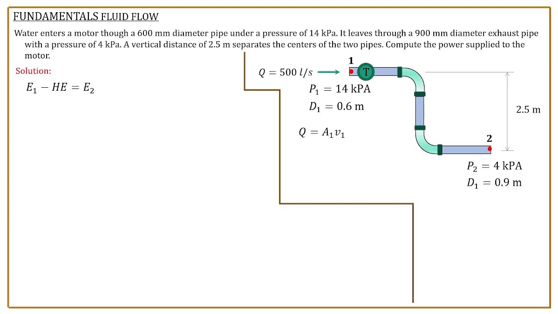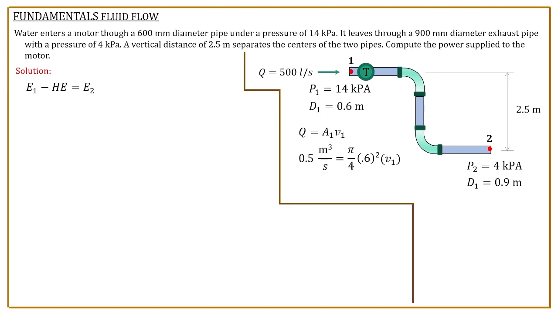So, Q is equal to 0.5 cubic meter per second, equal to area 1, pi over 4 times 0.6 squared times velocity 1.